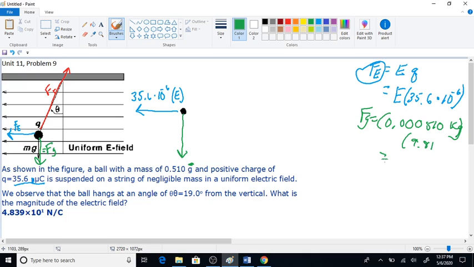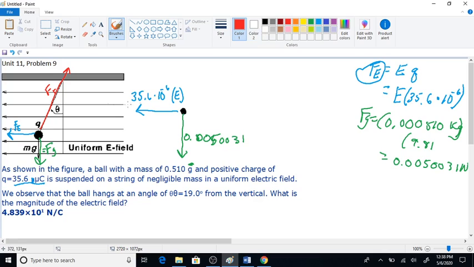We can get a number for that, and my number is 0.0050031 newtons. So I'm going to write this as 0.0050031.